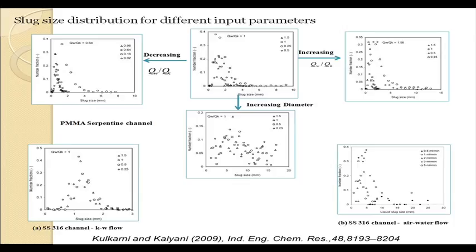And the other thing which I would like to discuss very briefly is, as we all know, that in microchannels slug flow is predominant. So, I thought we should also know that when slug flow occurs in a particular microchannel, how the slug parameters get influenced with wall wettability, conduit diameter, and different ratios of the water and the kerosene phase, as well as with water and the air phase.